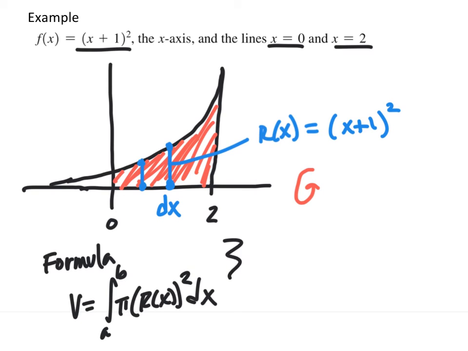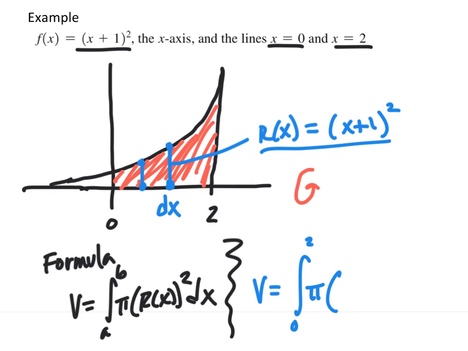So for this specific example, all right, the volume is equal to, now we are integrating the area from 0 to 2, okay? So I'm going to write my integral from 0 to 2 of pi times my function r of x, okay? So that's the quantity (x plus 1) quantity squared, okay? That's my r of x, and then that's squared dx, okay?